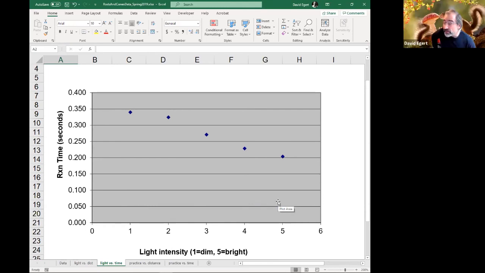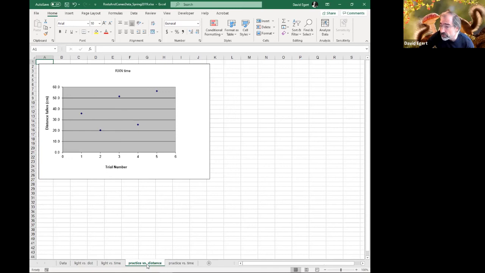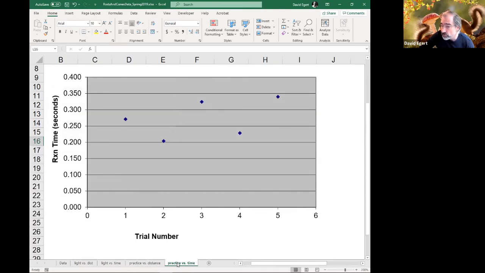And then if I want to double check to make sure that the practice is not really a confounding variable, I have 2 other graphs here. I have this practice versus distance, or more relevant, practice versus time, since time is what we wanted. If we just look at trial number, we can see it was slower, faster, slower, faster, slower.